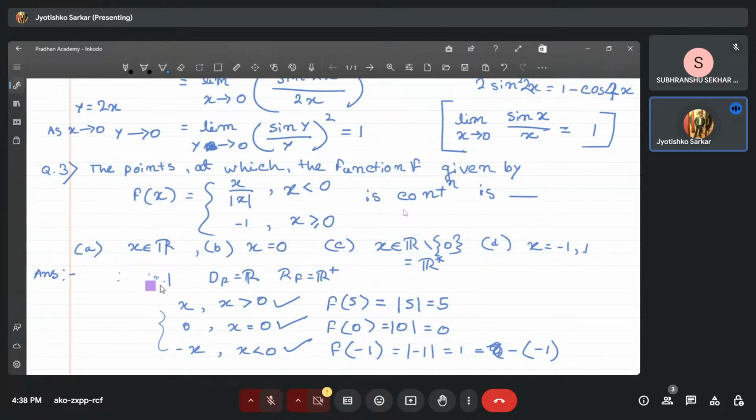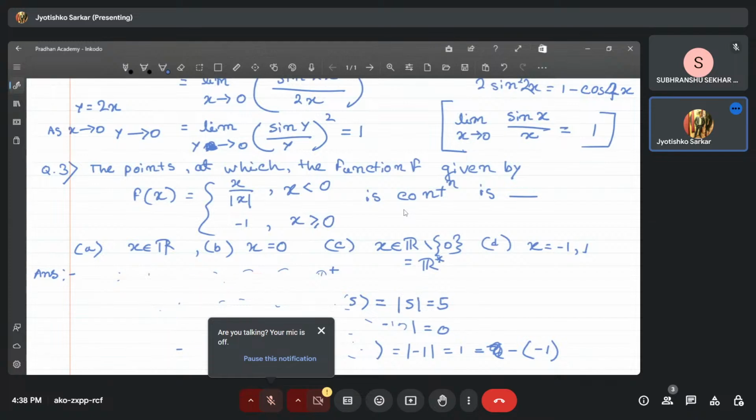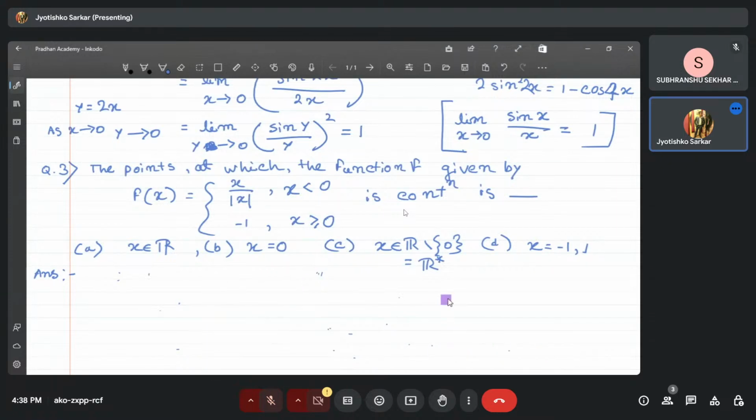Now let's move to our problem. So here our function is f(x) equals to x divided by mod x for x less than 0 and -1 for x greater than or equal to 0. Now, as we saw earlier that if x is less than 0, mod x is equal to minus x.